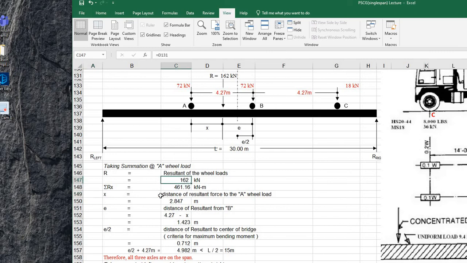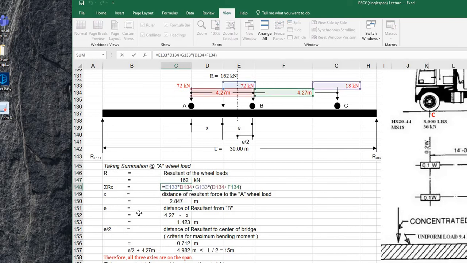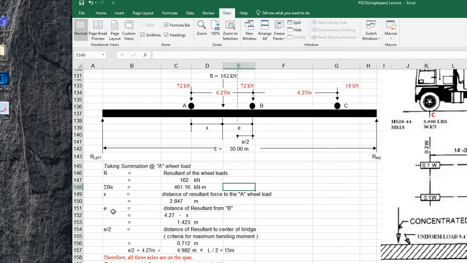So, summation moment would be 72 kilonewtons multiplied by 4.27. Here we take moment, okay?